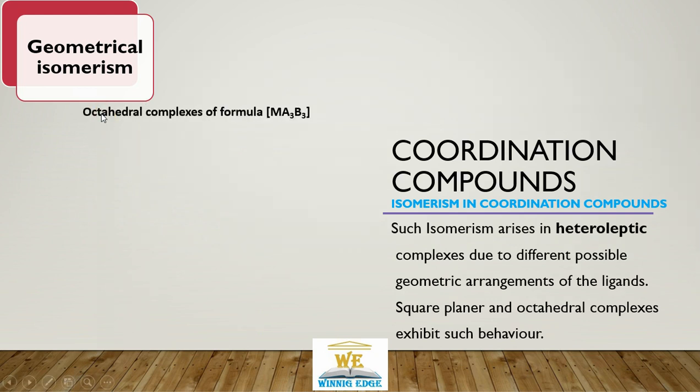Now another example of octahedral complexes, which are M A3 B3, meaning we have 3 of one sort of ligand and B another sort of ligand, so 3 of both. This is the first example. What happens here?